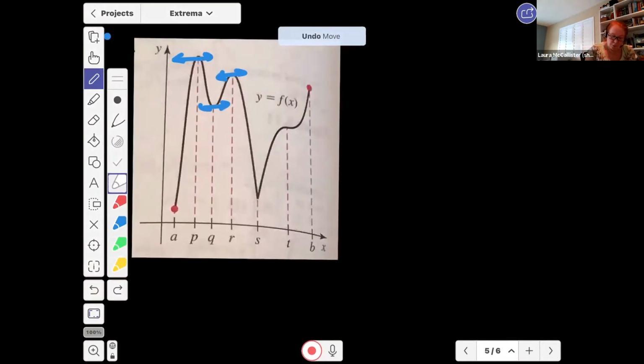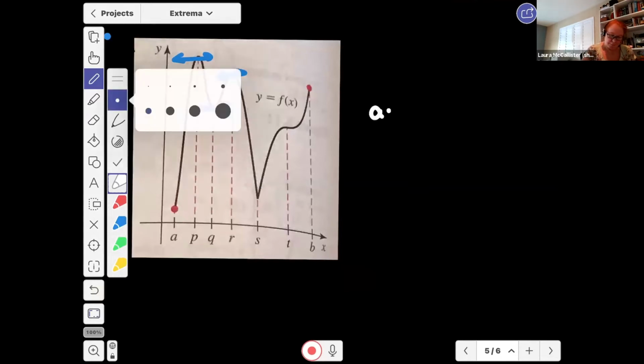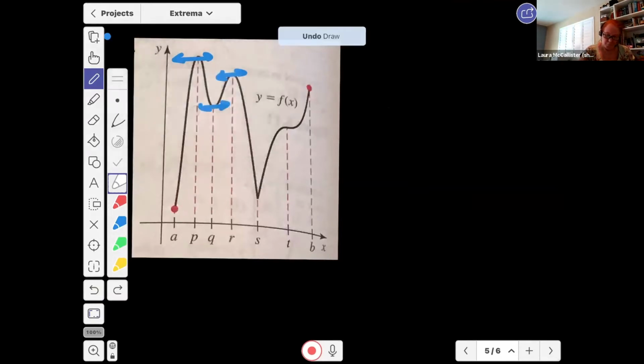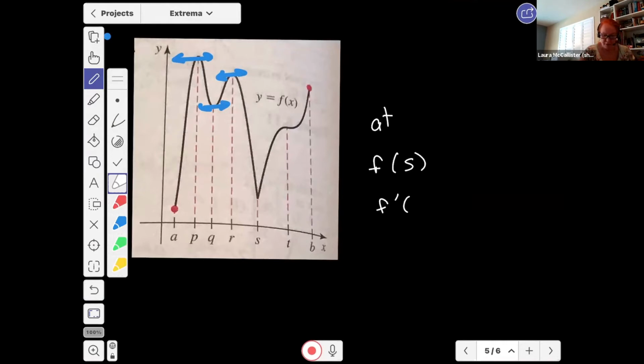So it's really important to say that at f of s, the derivative does not exist. But s is still a local minimum.